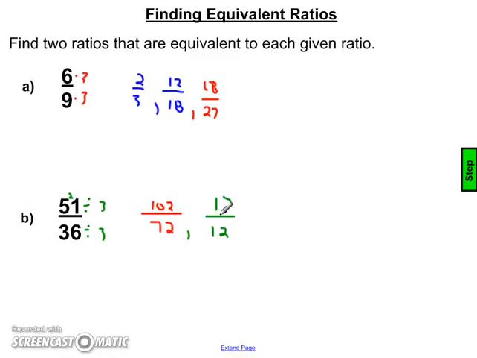So the ratio 17 to 12 is also an equivalent ratio. Again, whatever I do to the numerator, I have to do to the denominator, just as if I were adding or subtracting fractions. So however you choose to deal with that is up to you, as long as you do the same to the top and the bottom.